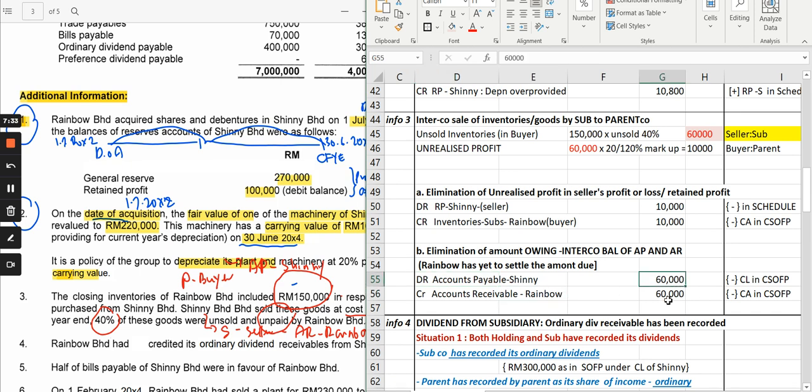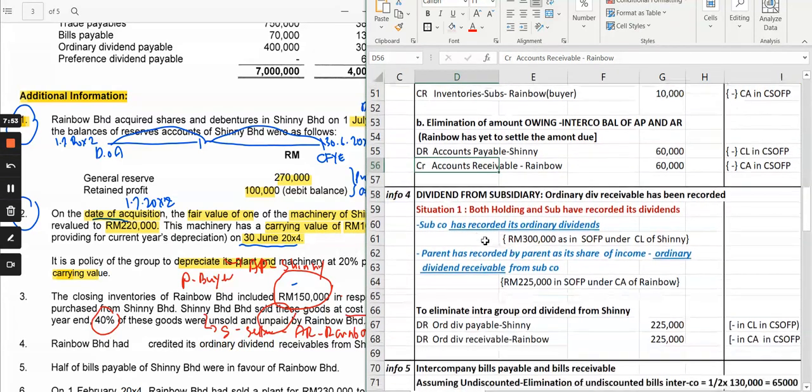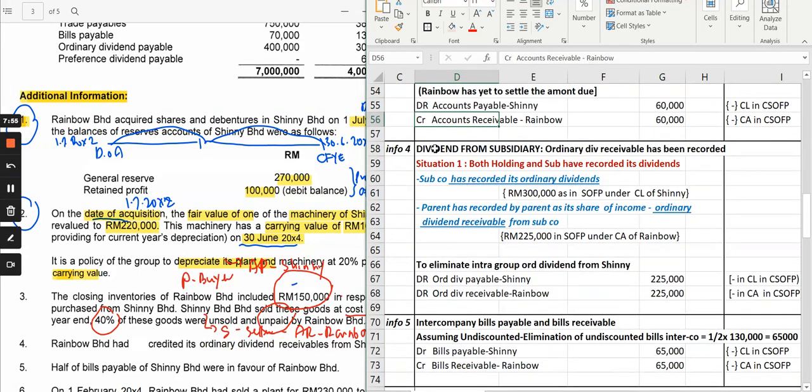Here 60,000 and 60,000. So that will later be adjusted. Even if you do not write Shini, or you do not write the word Rainbow here, you are still correct, right? Because what we are doing is we are just trying to remove the accounts payable.